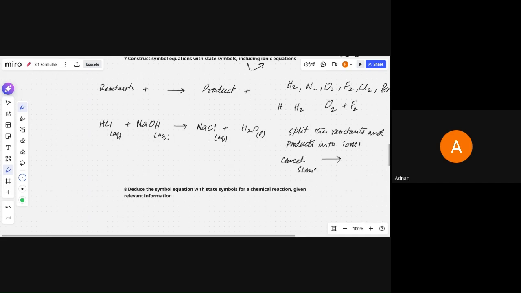By similar I mean similar ions that appear on the left and right side. Let me just write it here.